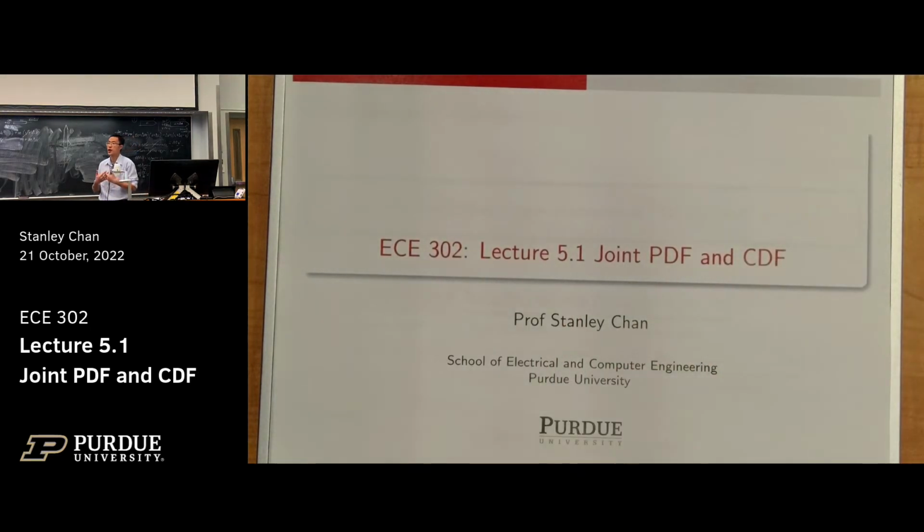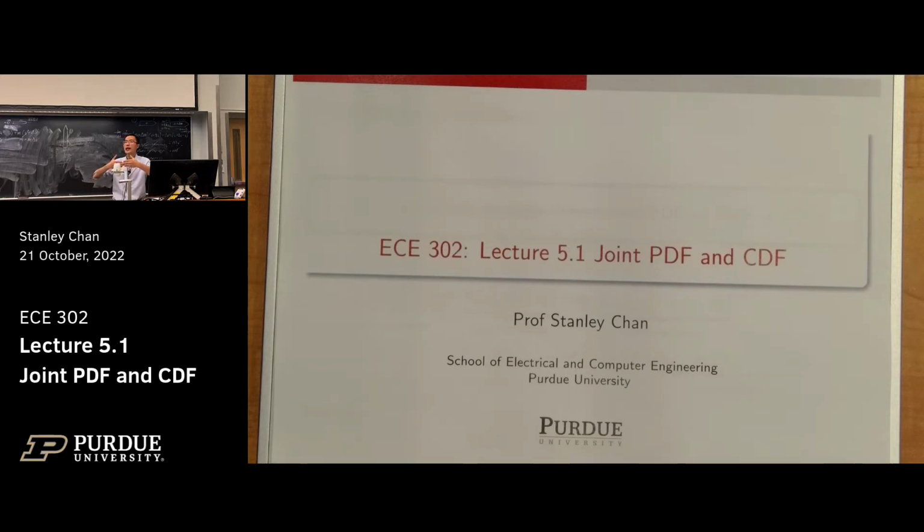Then in the next lecture, we'll talk about joint expectation. What is joint expectation? The random variable X times the random variable Y, what is the expected value? You want to talk about correlation. What do we mean by correlation between two random variables? How do we define independence of two random variables? So things will progress that way.